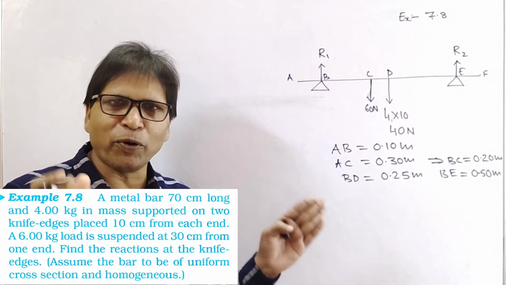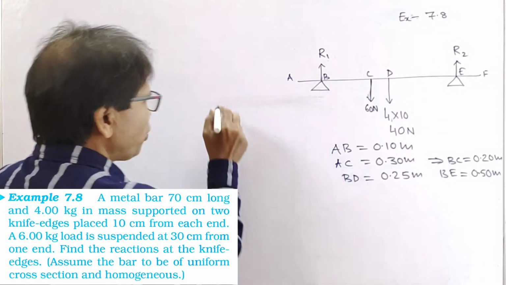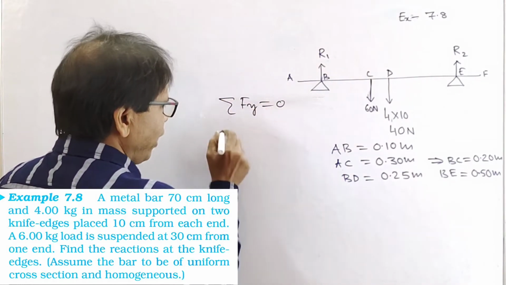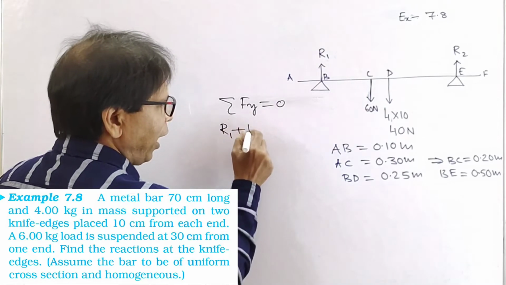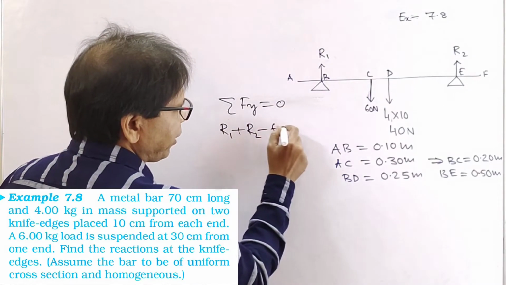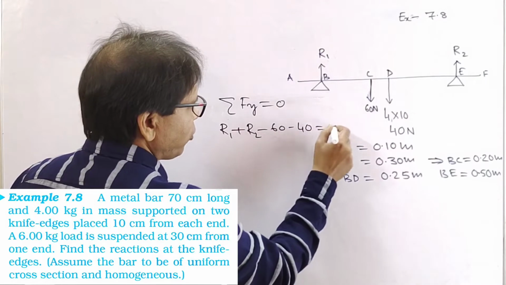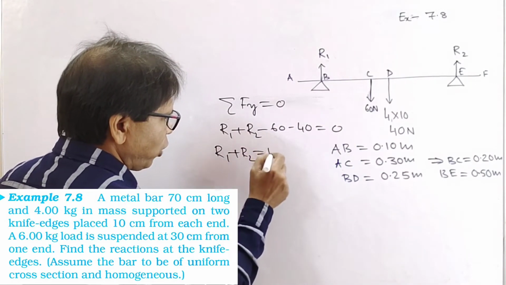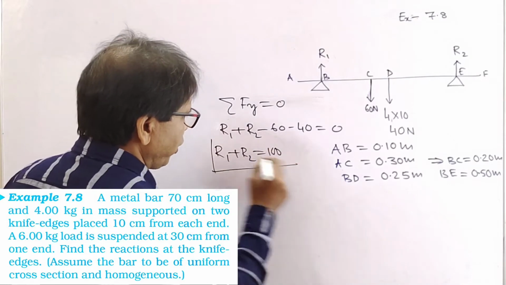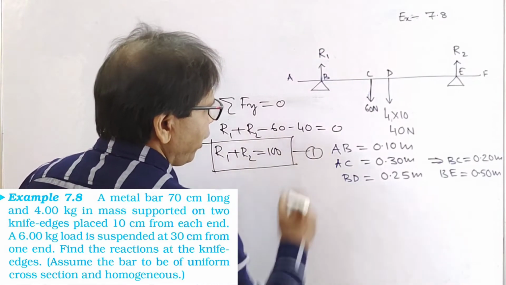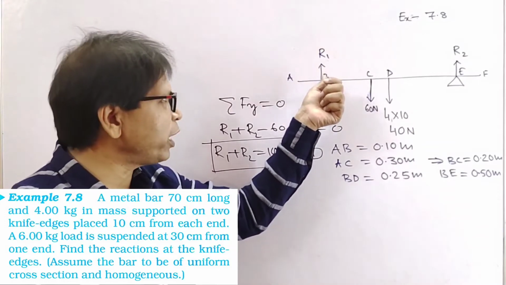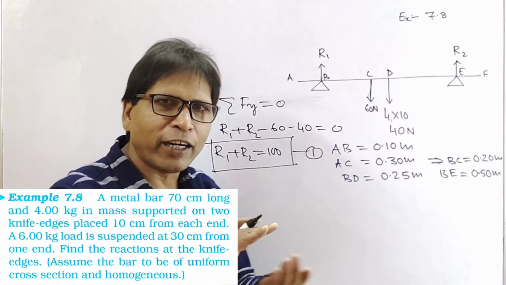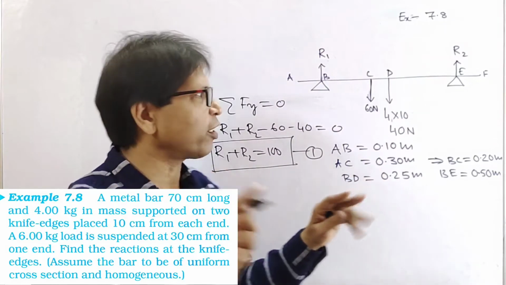Now considering the forces along the y-axis, sigma Fy equal to 0, therefore R1 plus R2 minus 60 minus 40 equal to 0, therefore R1 plus R2 equal to 100. This is equation number 1. Okay, now considering torque with respect to the point B. The force R1 does not produce torque.